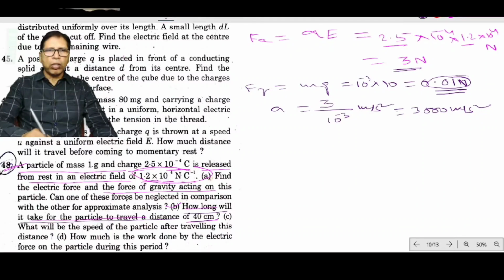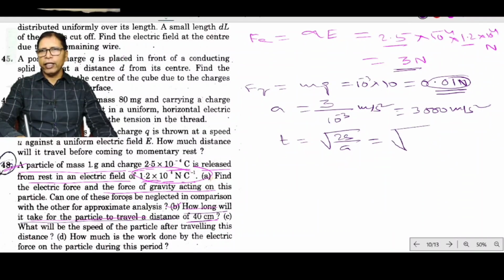No problem. So time taken to travel the distance 40 centimeter, t equals root over 2s by a. Here 2 × s is 0.4 meter, a is 3000. Okay. So look at this.